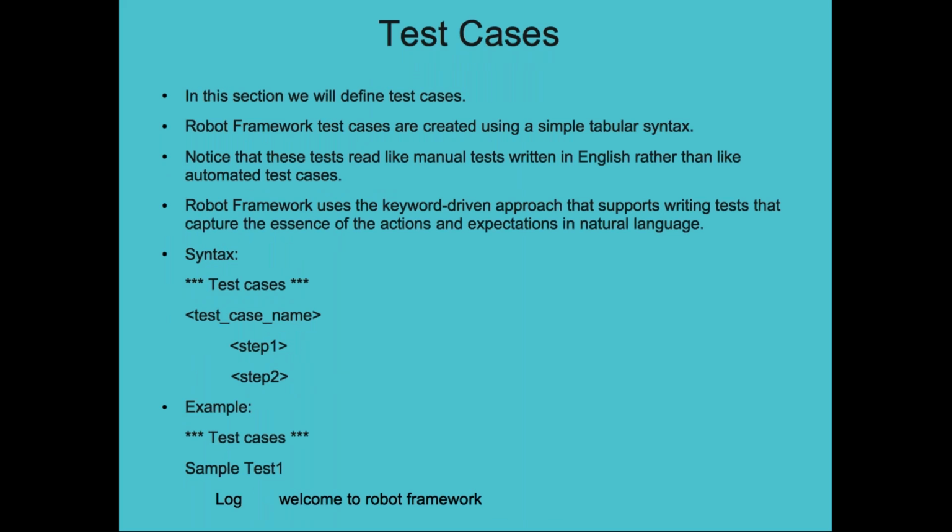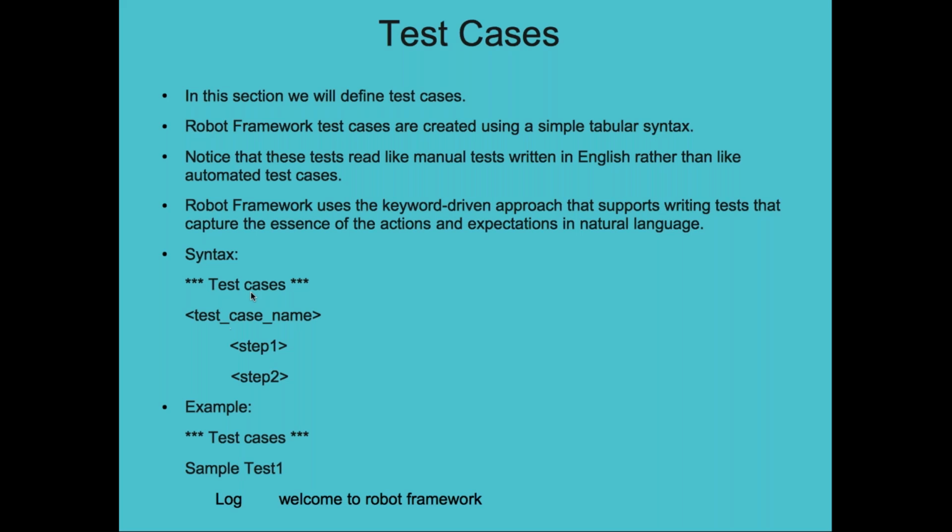These test cases are in a tabular format, a keyword driven approach. Notice that these tests read like manual tests written in English rather than automated test cases. So you can write in natural English language, and it will be easily understood by the user.